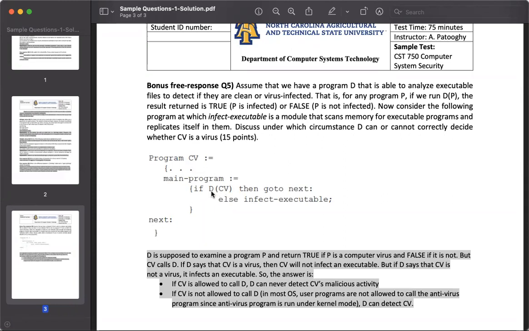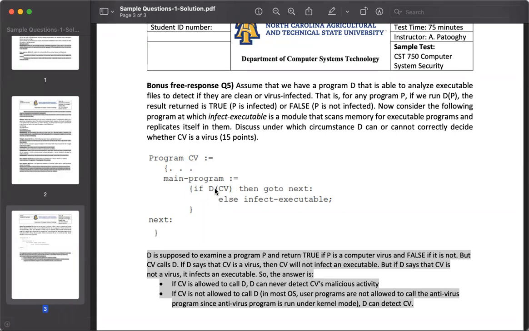If D returns true, then CV does nothing. It understands that this is like a situation where I'm a thief and I try to see how smart the police person is. If I realize that the police is smart enough, I don't do anything bad. I just pass by doing nothing, because I know that if I do something, the police will catch and arrest me.